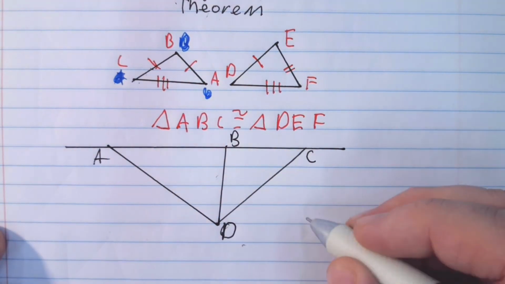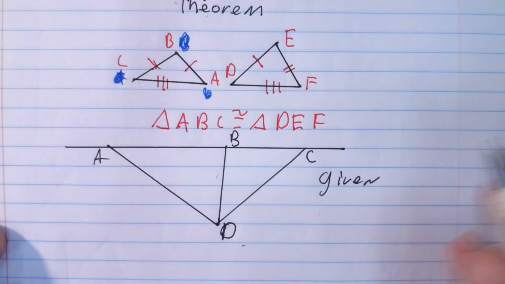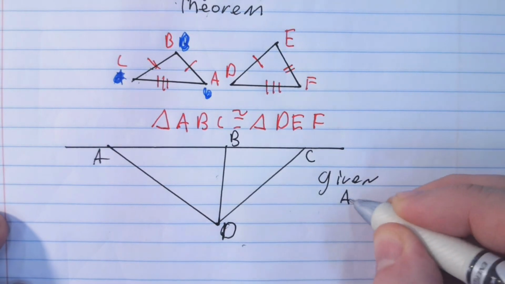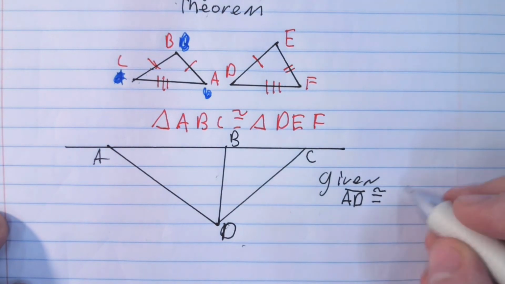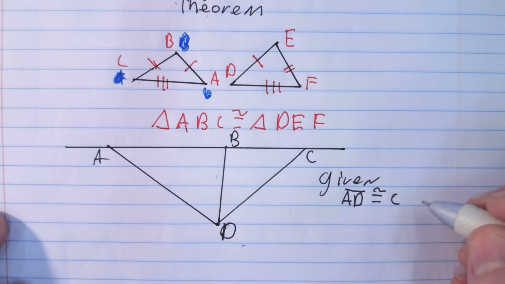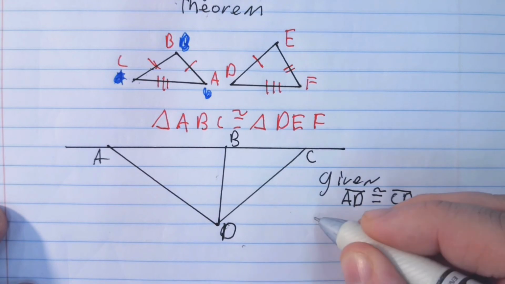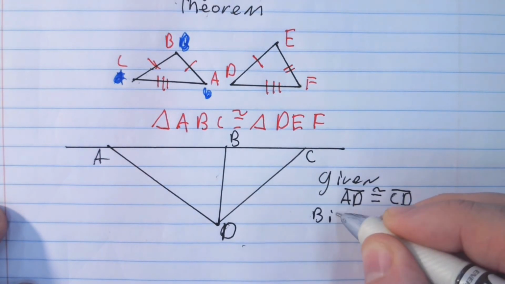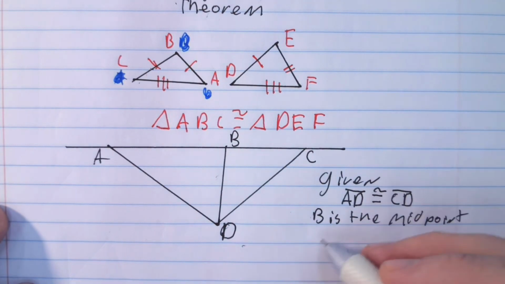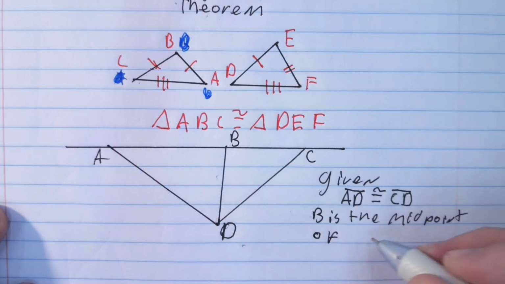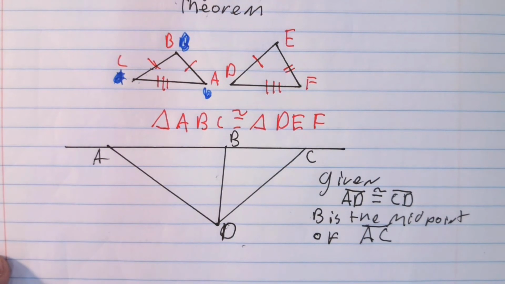And I'm going to give you your given. Your given here: line segment AD is congruent to line segment CD. B is the midpoint of segment AC. That's it.